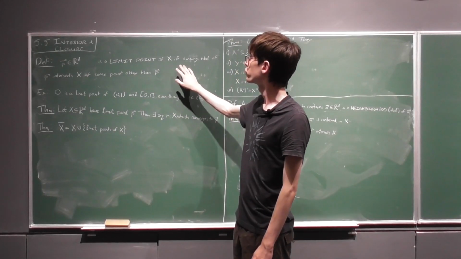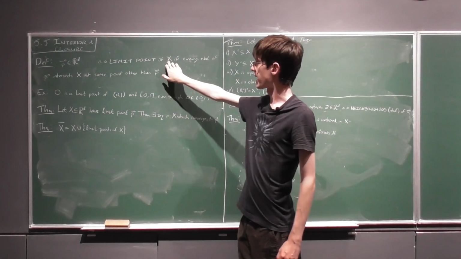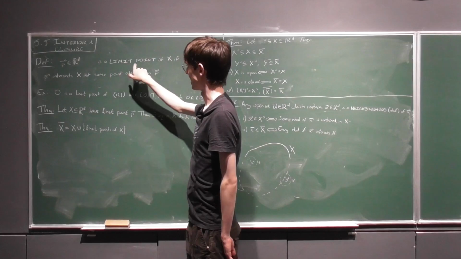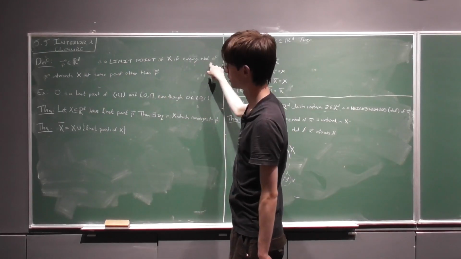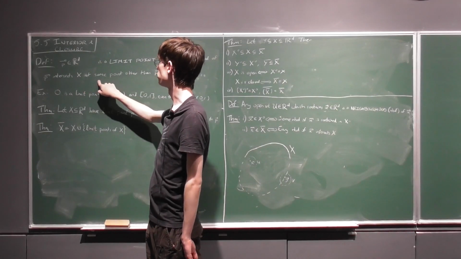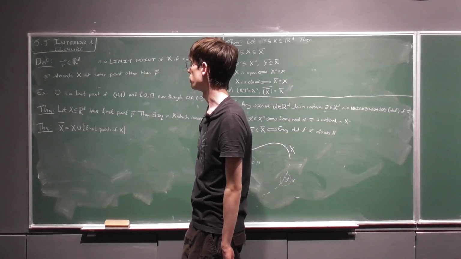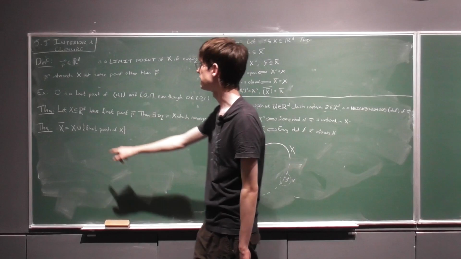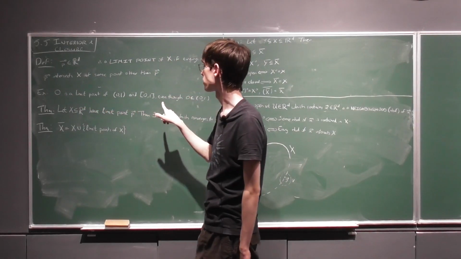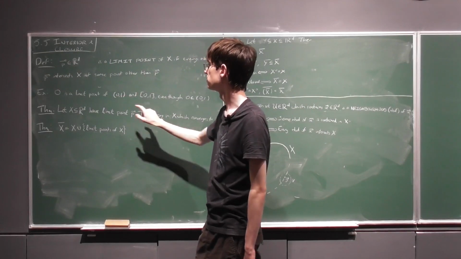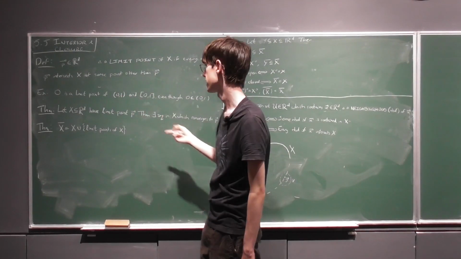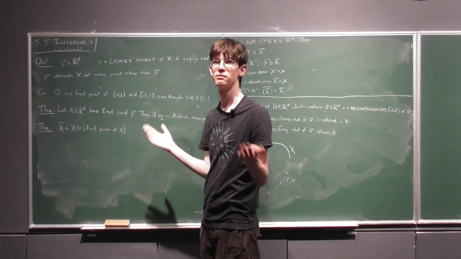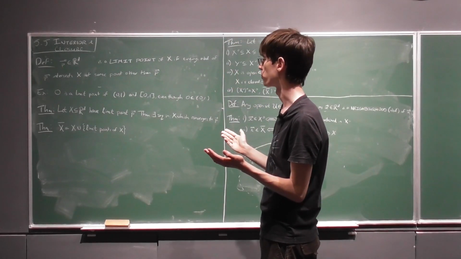So we can now just briefly define limit points. For any set X, if we take a point P, which is not necessarily in X, we'll call P a limit point of X if every neighborhood of P intersects X at some point other than P. A really clear example of this is if we take these two intervals, both from 0 to 1, we can see that 0 is clearly a limit point of both of them, because any little wiggle room, left or right in this case, of the point 0 will always intersect these intervals at an infinite number of real numbers.